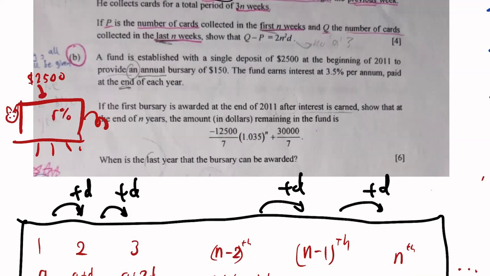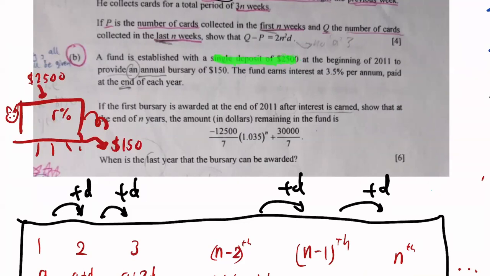But then there's a leakage. Not leakage, I mean a donation, a bursary to people. So $150 goes out of the piggy bank. Deposit and leak, like a water tank. Water goes in, water goes out. Money is like water, I guess.